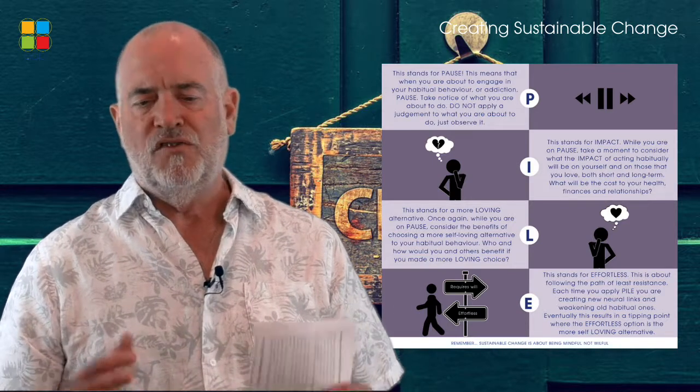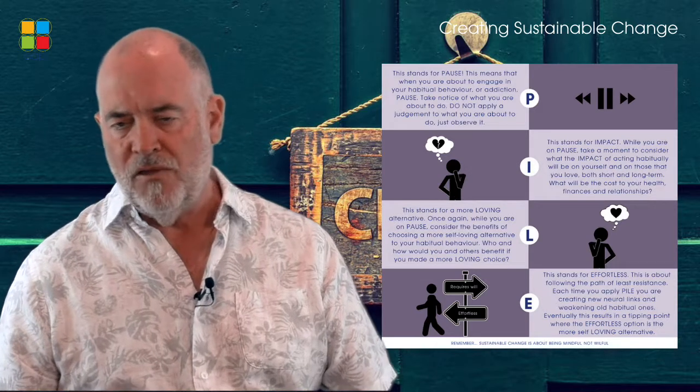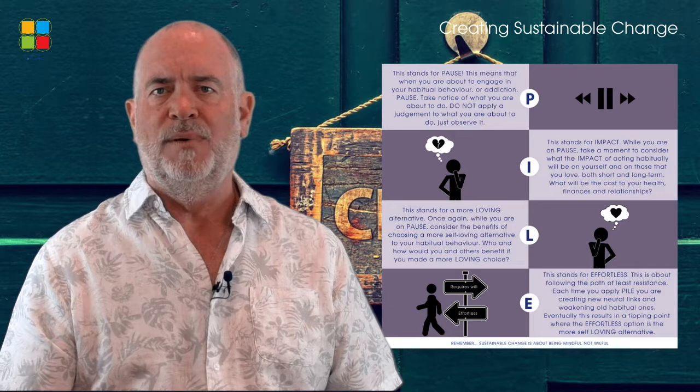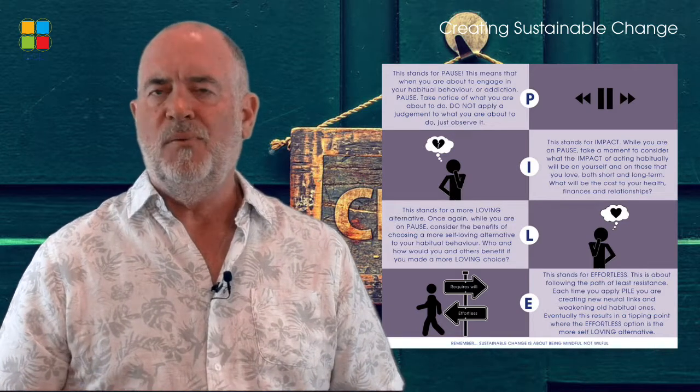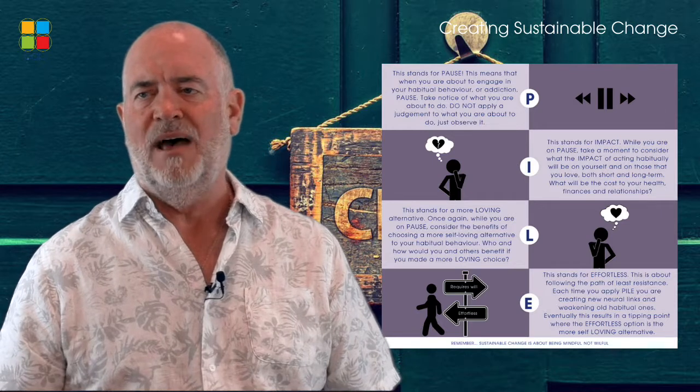So you've stopped, you've considered what the impact will be if you follow the habitual behaviour, you've considered what the more loving alternative would be, and in the principle of Western mindfulness, it isn't about forcing a change in behaviour.